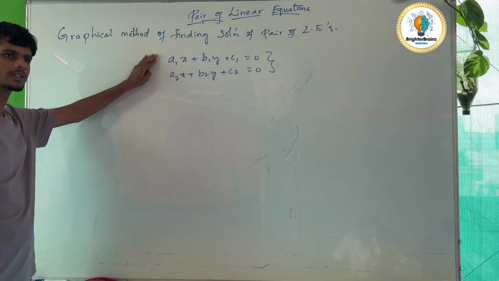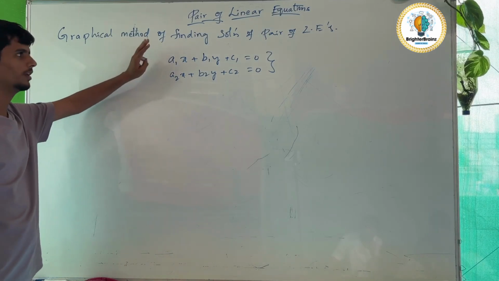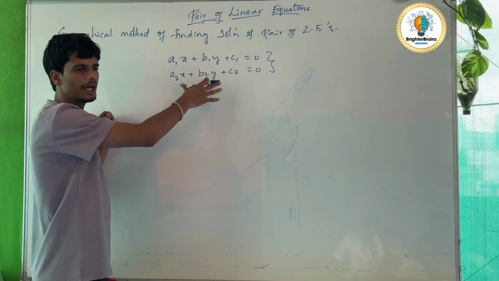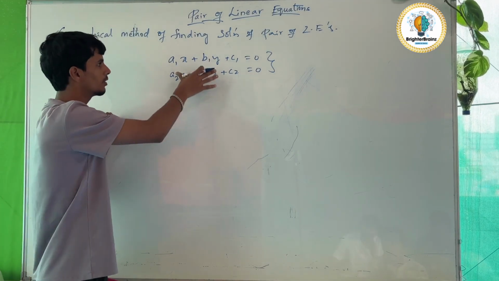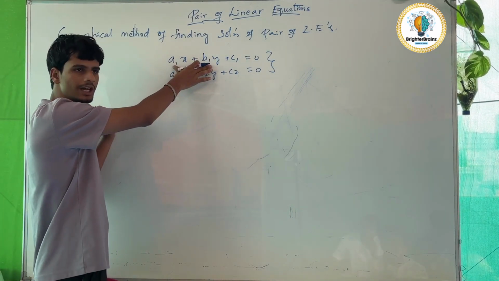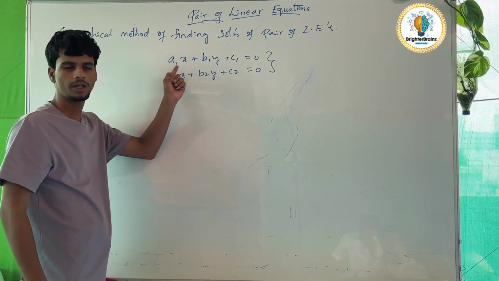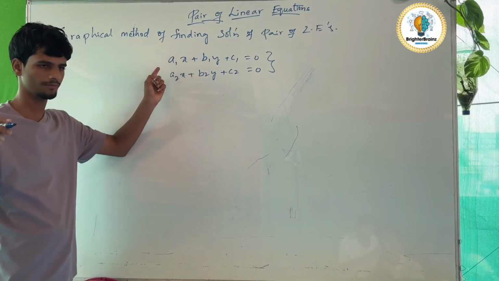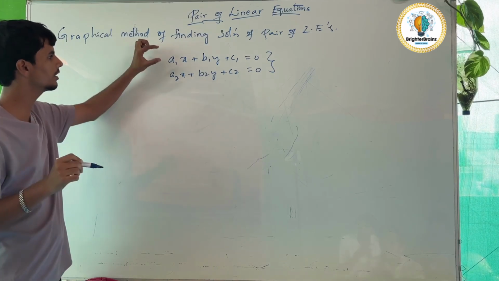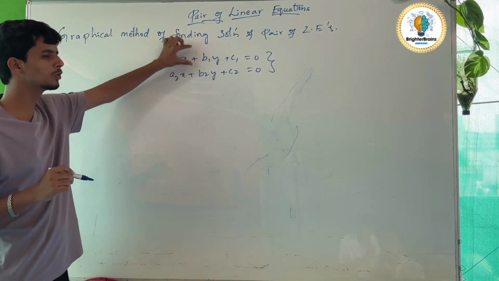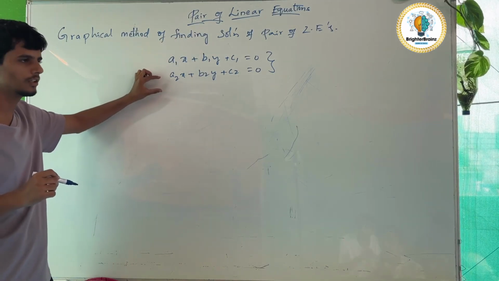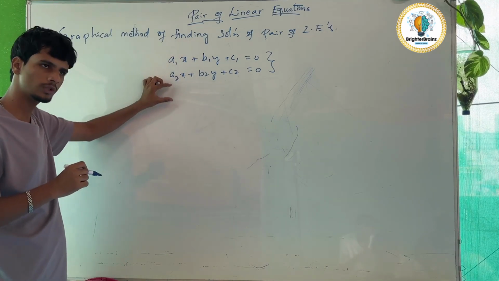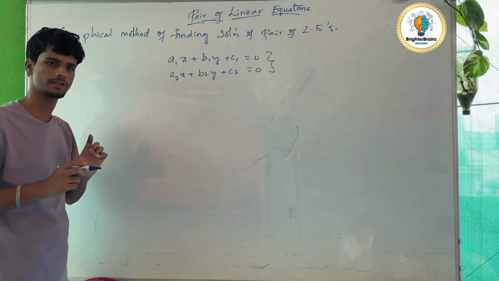From this we are going to draw the graph for the first line and the second line. As in polynomials, you draw the graph for a particular equation. Here you need to draw two graphs, because we have two equations, so we will get two straight lines.